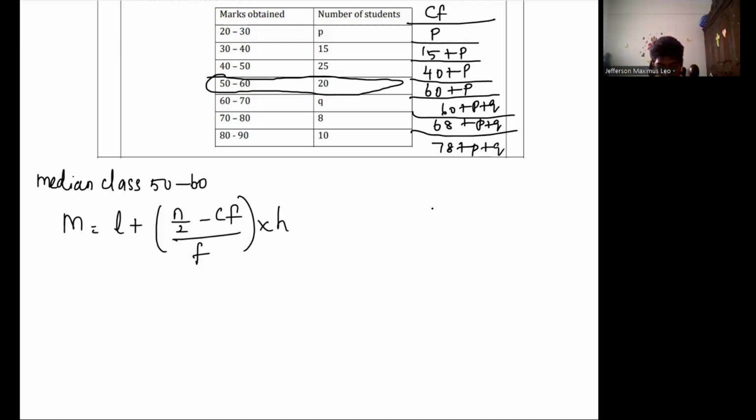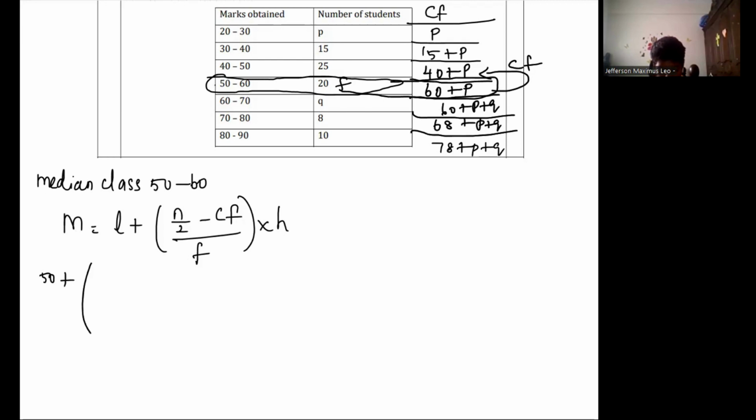Now this is the median class, and the preceding one is the CF. This is taken as F. The lower limit is L, so 50 plus N by 2.